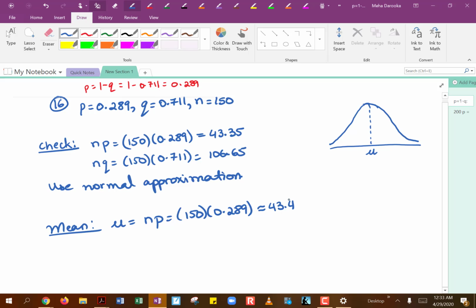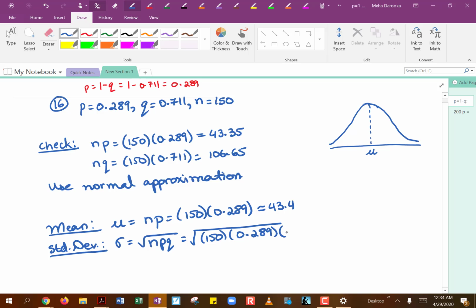And let's find our standard deviation. That will be the square root of 150 times 0.289 times our Q value, which is 0.711.